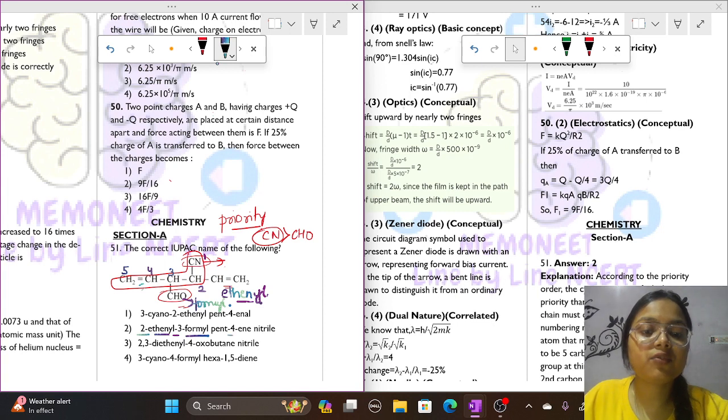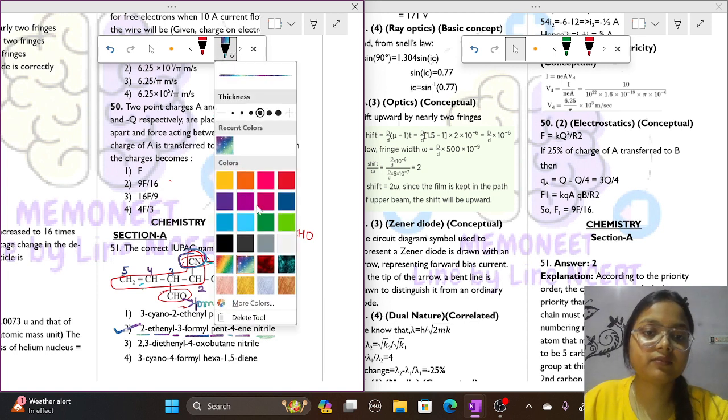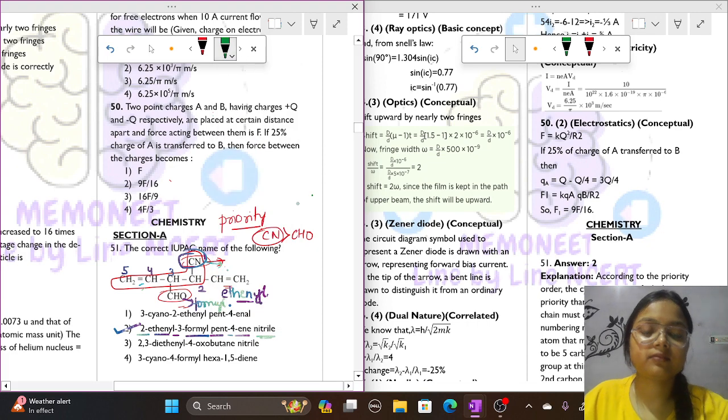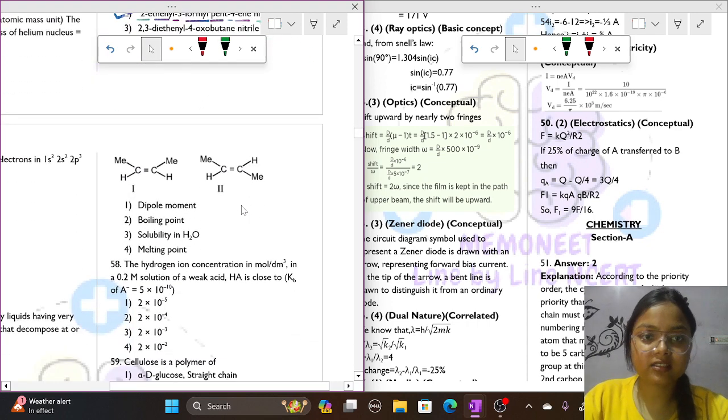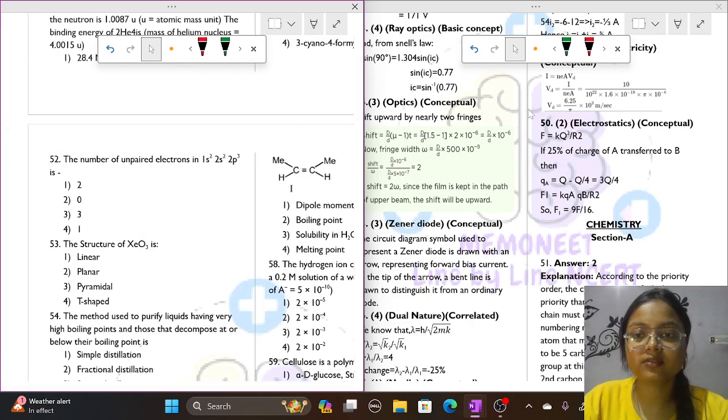So 4-ene, and the parent carbon chain is of 5 carbon atoms, therefore pent is used, and CN is there, so nitrile is used. So the second one will be the correct option. Okay, let's move on to the next question.